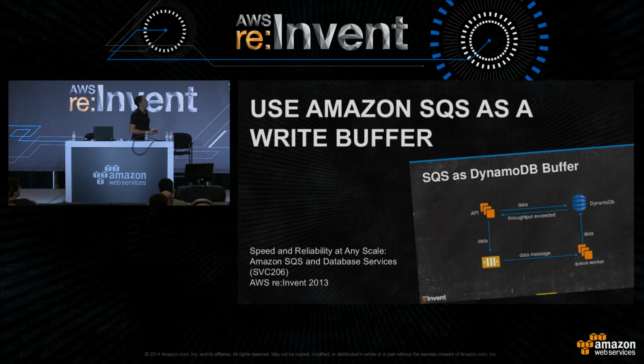A nice technique that has been promoted by Shazam in the last re:Invent is a design pattern that involves using a queue in front of your database. For those who don't know, Shazam is a mobile application that allows you to record sound, and depending on the audio that you record, content is served to you.